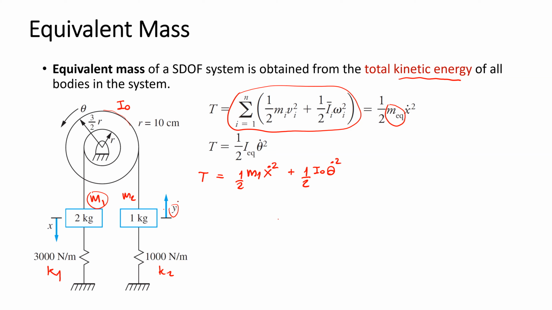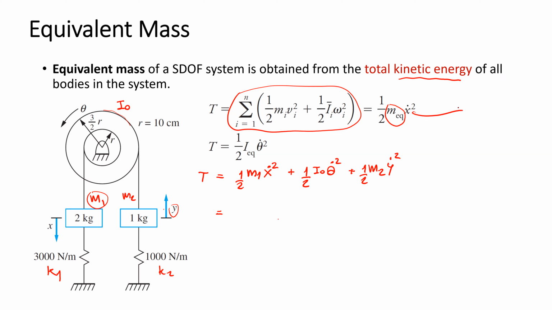For the linear mass, the second one, we have 1/2 M2 y dot square. It depends on which generalized coordinate we select.